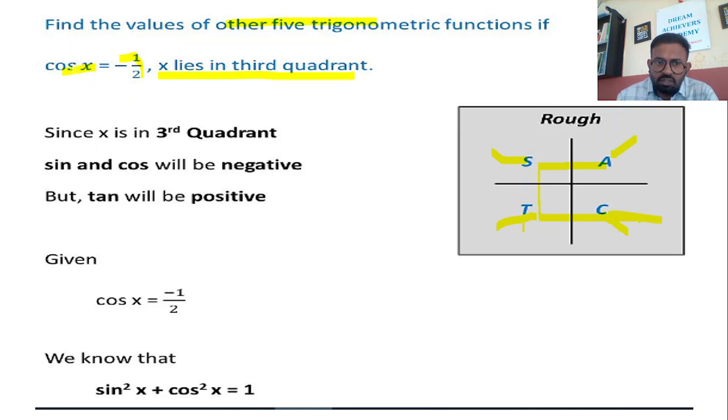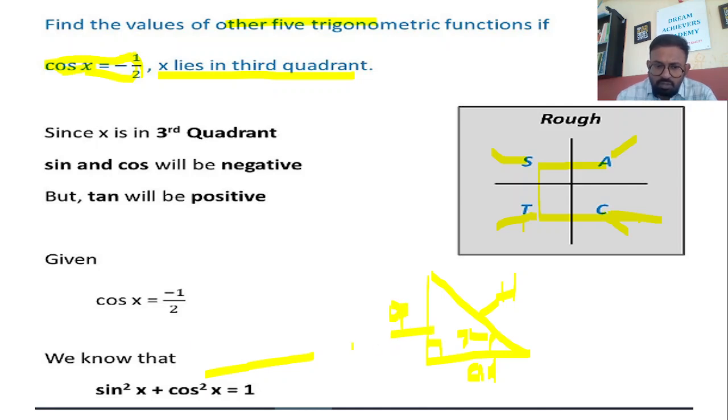Initially we know one trigonometric function. Here we can use one trigonometric identity, or we can draw a right angle triangle, indicating this as x and this as 90 degrees, and this will be the hypotenuse. For x, this is the adjacent, and the opposite side is opposite.